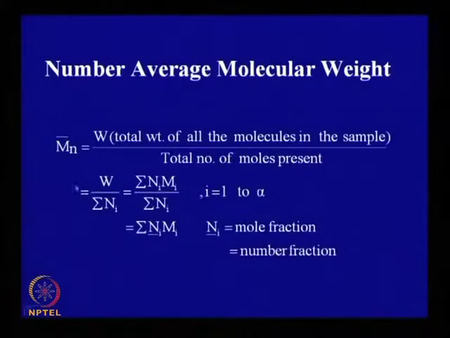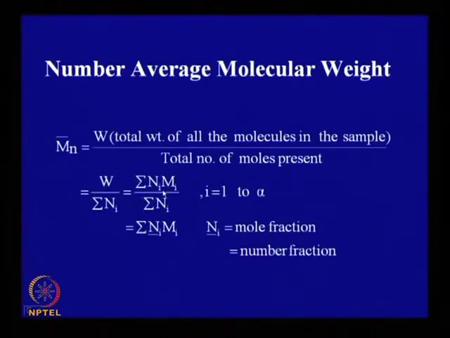You know, a relation that if you divide a mass of a material by its total number of moles present, if you divide some quantity of material by its number of moles, then you can get the molecular weight. A simple concept. From that concept, here you see the number average molecular weight can be calculated using this relation.